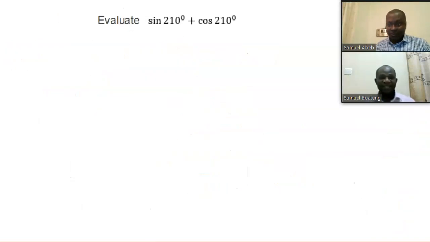Evaluate sine 210 degrees plus cos 210 degrees. There are 2 ways of doing this. One, you can use your calculator. In using your calculator, not to convert this one to decimal, but to get the values in terms of surds. So take your calculator and then compute sine 210.